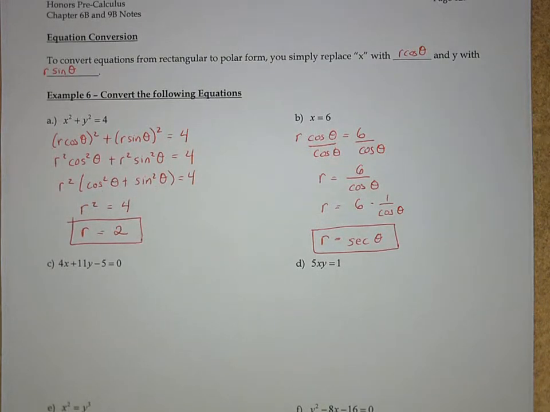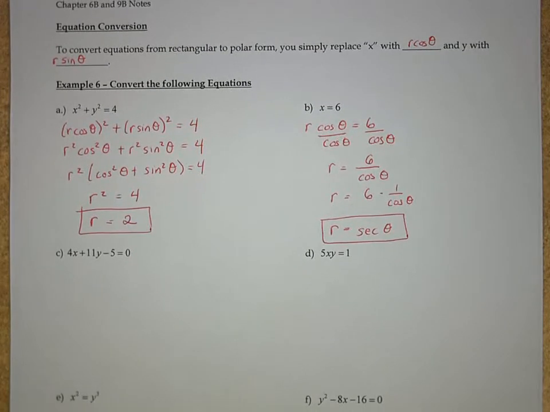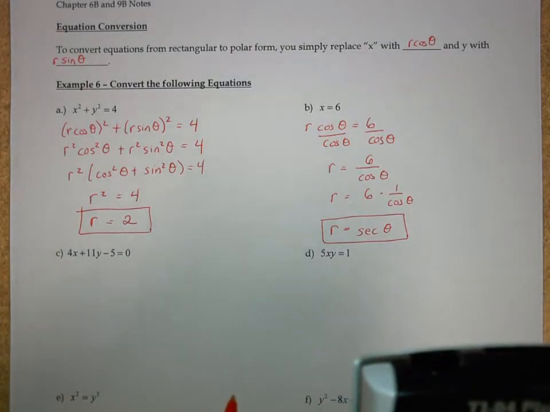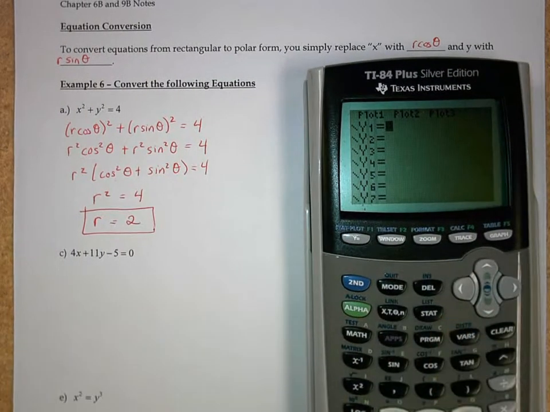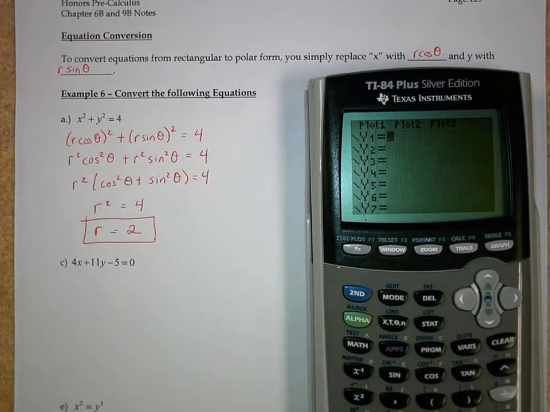Now before we move any further, let's take a quick look at plugging these into our calculator to see, does this make sense? Now if I pull up my calculator and I go to y equals, I've got my y1, y2, y3, and that's rectangular form.